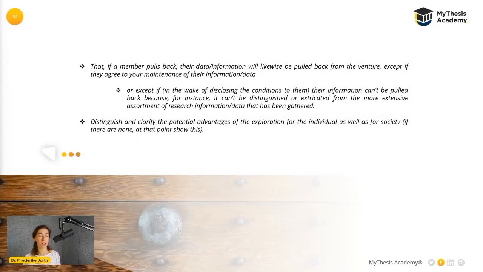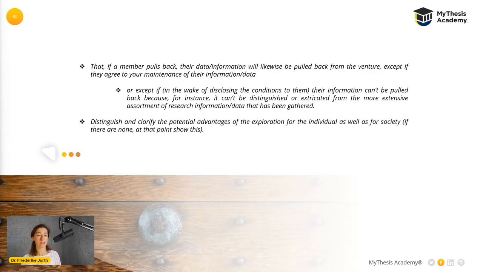Yeah, then we have 2 points left. There is one point which is also related to the issue of pulling back. So it needs to be clarified that if a member pulls back, their data or information will likewise be pulled back from the venture, except if they agree to your maintenance of the information and data.